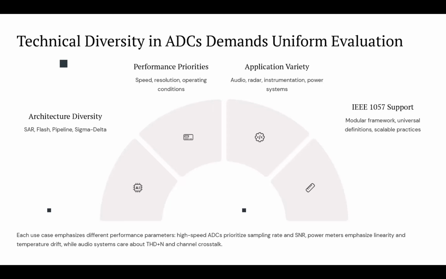Others, like sigma delta, are mostly focused on resolution and noise shaping, which makes them very suitable for low frequency but high accuracy systems. Or in power systems, when we want very good linearity, offset accuracy, and temperature stability, then SAR is the best architecture for this type of application.